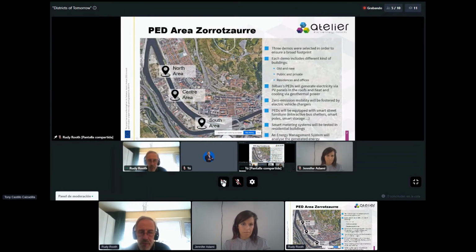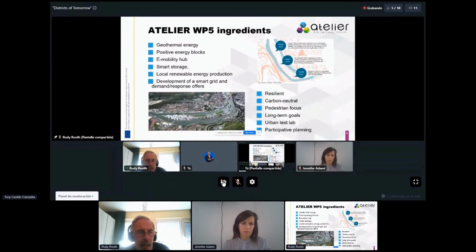Also in Bilbao, the ingredients are more or less the same, but an important element is the geothermal energy loop. Most of the energy used on the island for heating comes from geothermal energy that is further enhanced by heat pumps. But we also have an e-mobility hub, smart storage, local energy production, and development of smart grids.